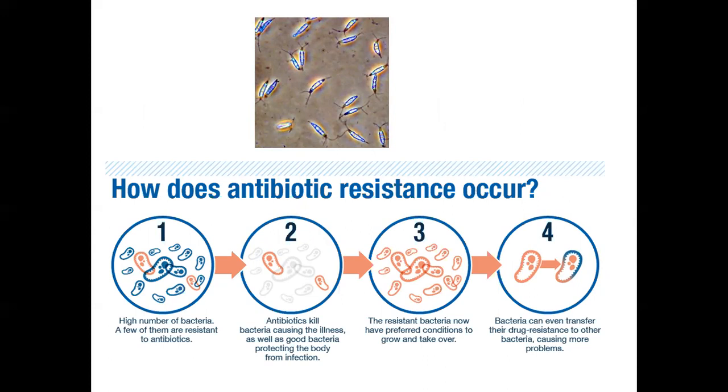Antibiotics kill the bacteria causing the illness as well as the good bacteria protecting the body from infection. The resistant bacteria now have preferred conditions to grow and take over. Bacteria can even transfer their drug resistance to other bacteria, causing more problems, through budding, asexual or sexual reproduction. By this, antibiotic resistance occurs.